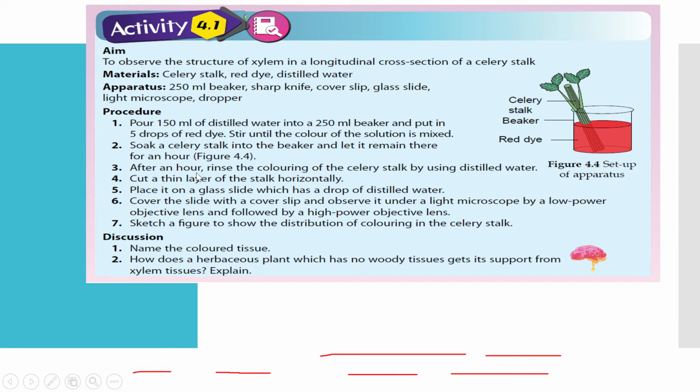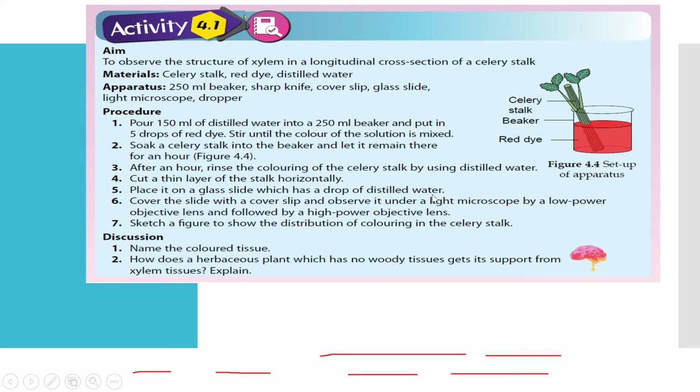After that, rinse the celery using distilled water. Rinse it, and then cut a thin layer of the stalk horizontally. It means you cut a cross section like this, and place it on a glass slide which has a drop of distilled water.